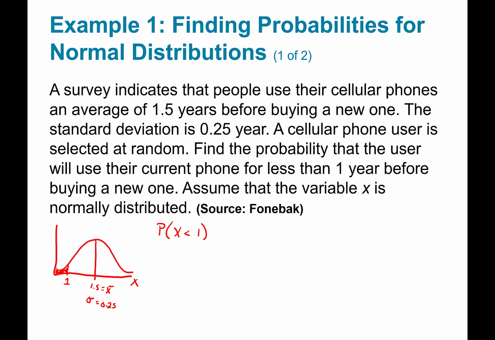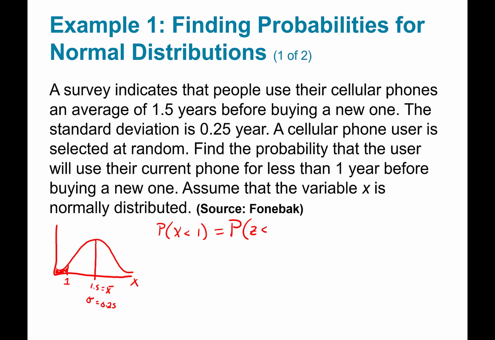To find the probability that x is less than 1, what I need to do is convert this into a z-score. You can do that calculation off to the side, but I like to write it inside my probability notation, just so that I'm not losing anything and I'm being explicitly clear in showing everything. So the probability x is less than 1 is going to be the same thing as z is less than something.